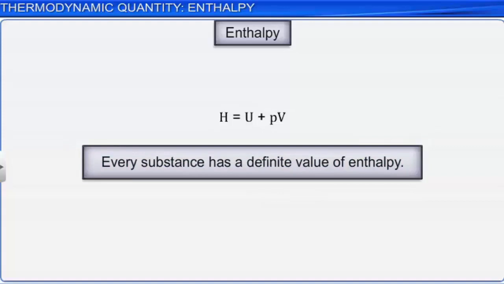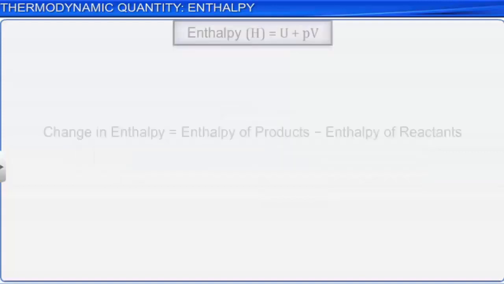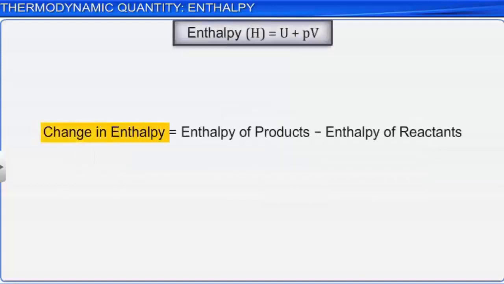However, it is possible to measure the change in enthalpy. The change in enthalpy is equal to the difference between enthalpy of products and enthalpy of reactants. The change in enthalpy may be expressed as delta H is equal to enthalpy of products, H_P, minus enthalpy of reactants, H_R.